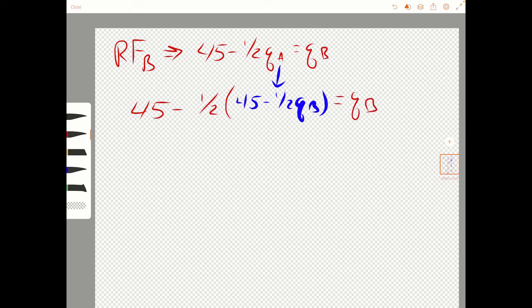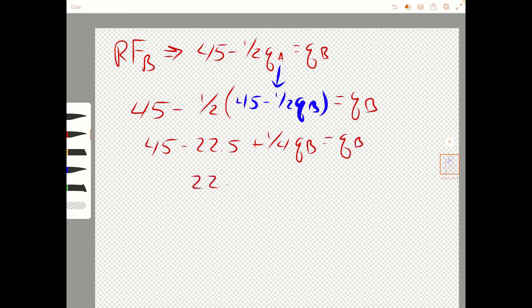And now we can solve for one unknown. So we have 45 minus 22.5. And here's the part that is easy to screw up. We have a minus 1/2 times a minus 1/2. So that's a plus 1/4 QB equal to QB.